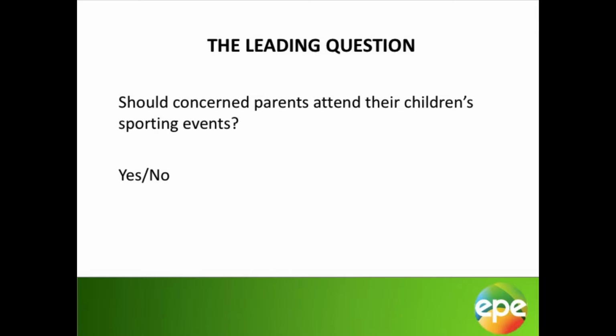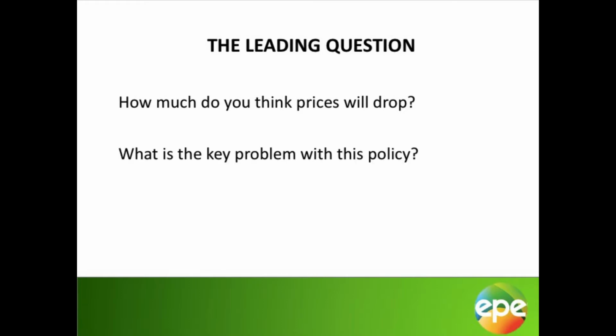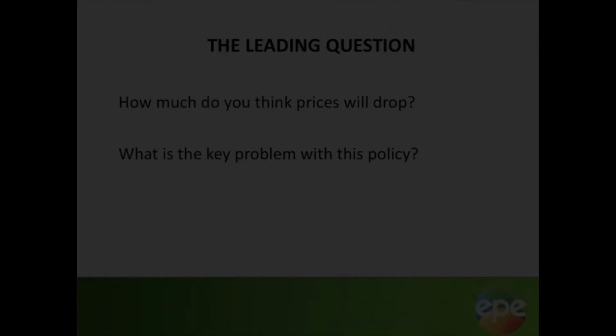This suggests that attending sports events is aligned to being caring, and it doesn't leave space for participants to point out why they cannot attend such events. Or this one, how much do you think prices will drop? This leads to the assumption that prices will indeed drop. Or, what is the key problem with this policy? This assumes that the participant thinks there are problems with the policy.